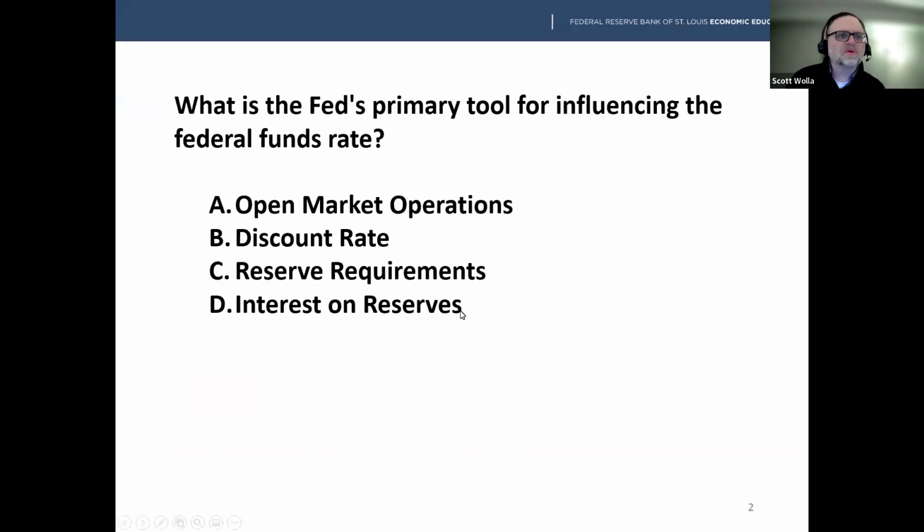So we're going to start with just a little quiz, and I'd like to ask you, what is the Fed's primary tool for influencing the federal funds rate? And you can put your answer in the chat box.